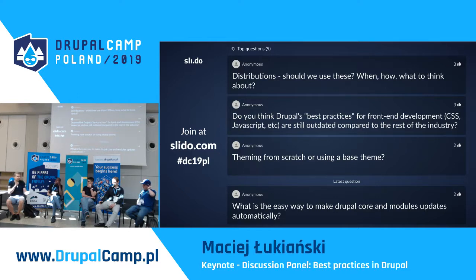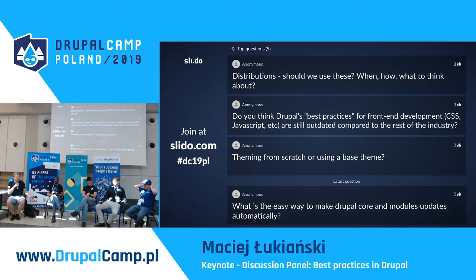For example, you have really nice distributions like Thunder for the publishing industry, Open Social for community websites, and Droptica, my company, also created Droppler for company websites.